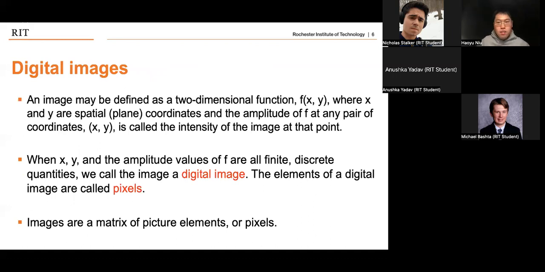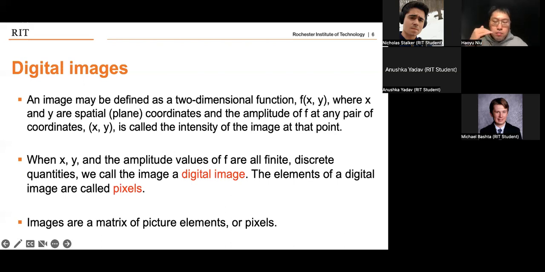So first of all, let's talk about digital images. In Matlab, an image may be defined as a 2-dimensional function, for example, f(x, y), where x and y are spatial or plane coordinates, and the amplitude at any pair of coordinates x, y is called the intensity of the image at that point.